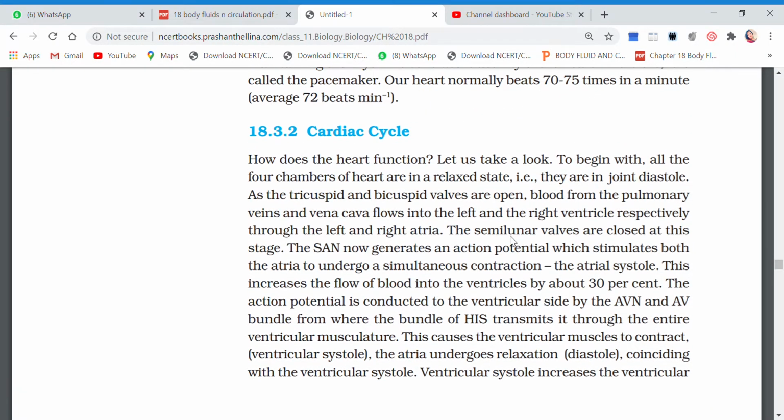And where are they pouring the blood? Mark my words and go to the diagram that I had taught you. Pulmonary vein will put its blood into the left auricle and vena cava will pour its blood into the right auricle, and from the auricles blood will move to their respective ventricles.